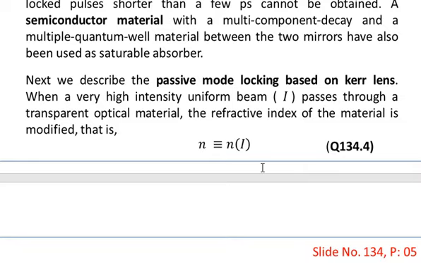And when the intensity is small, then of course the refractive index change will not be strong, the focal length of the Kerr lens will not be enough to focus the beam, and the beam will remain diverged.